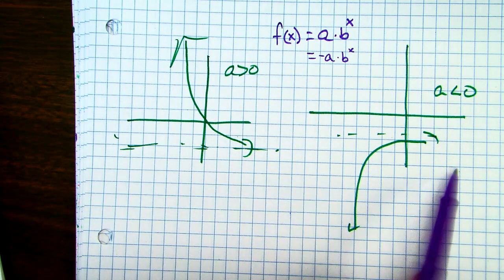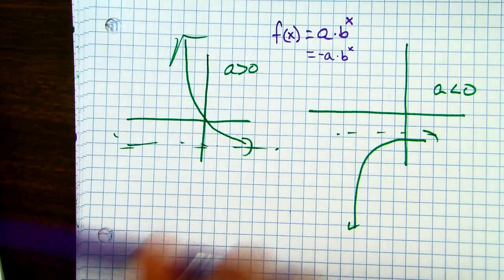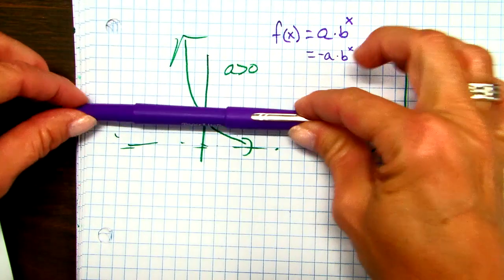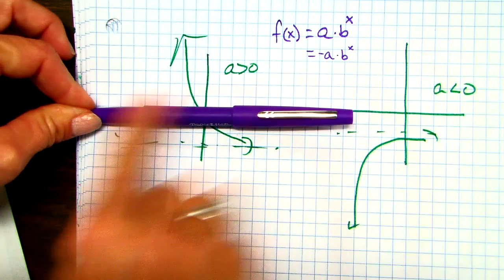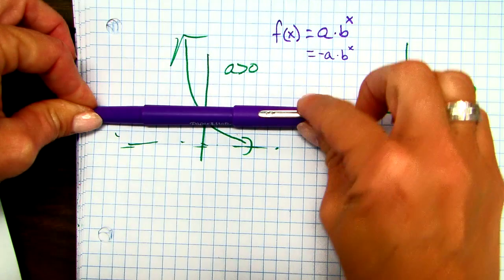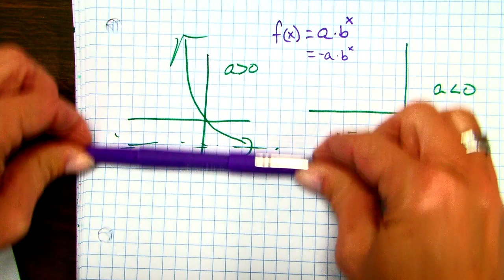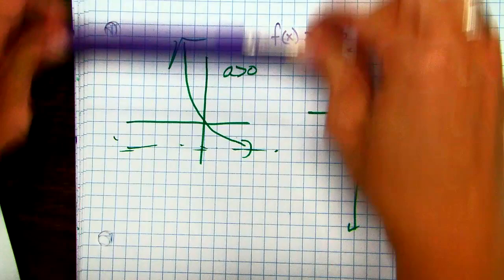Now we're flipping over the asymptote, okay? Because the parent function, before we had h and k, had an asymptote that was the line y equals 0. We flip over it whenever A is negative. Well, we move that asymptote because now we have a C or a K, whatever you want to call it, either down or it could be up. It doesn't matter where it goes.